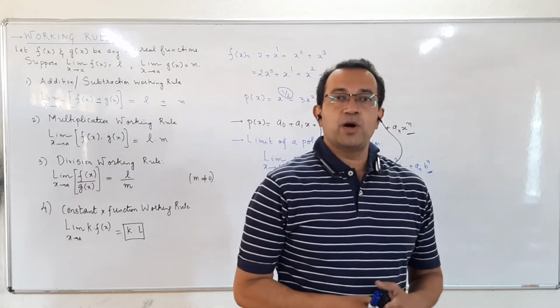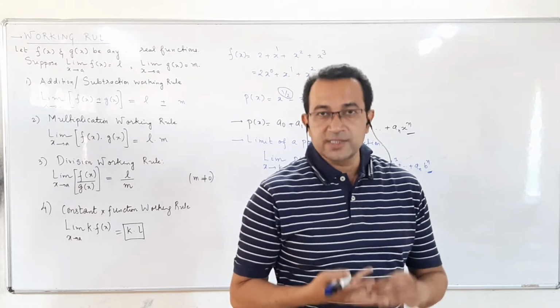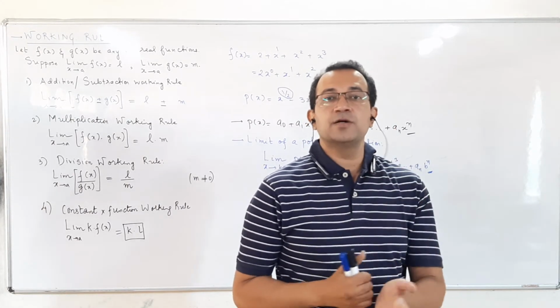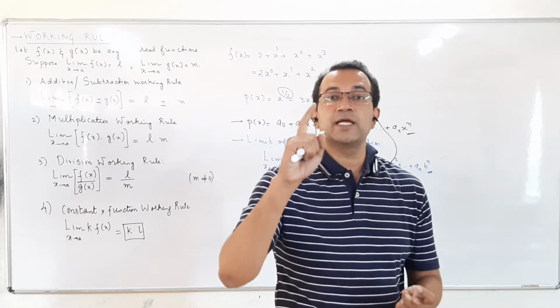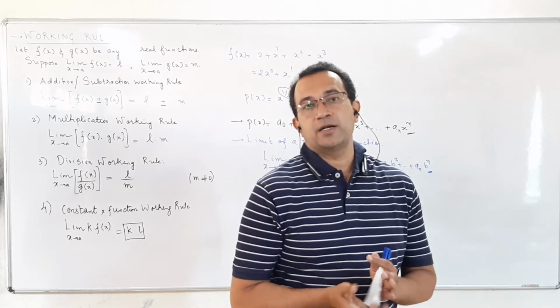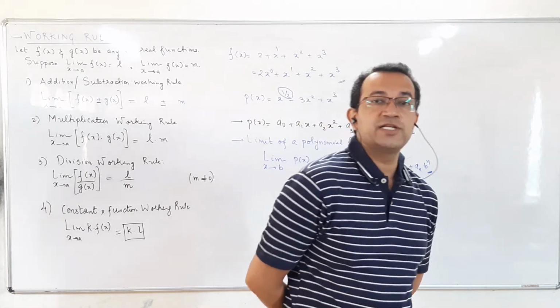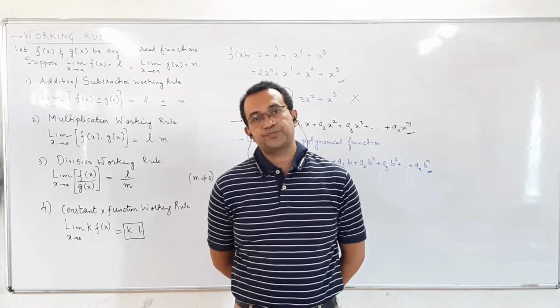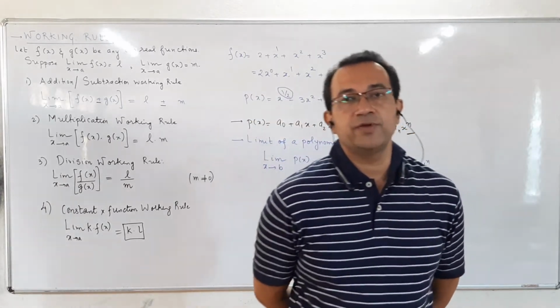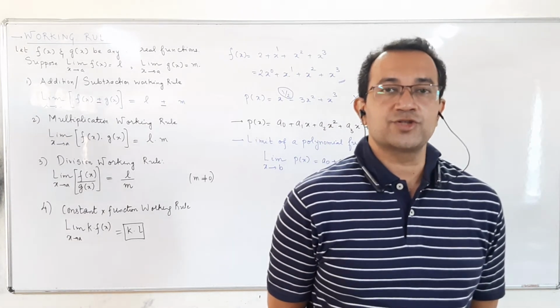So, students, polynomial means a function in variable x or y or z where every term of the variable has power as an integer. That is the main part. Positive integer, I should say. So, this is what we have to understand in the limit of a polynomial function.